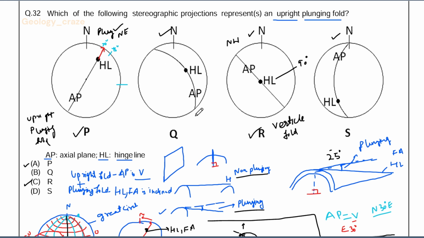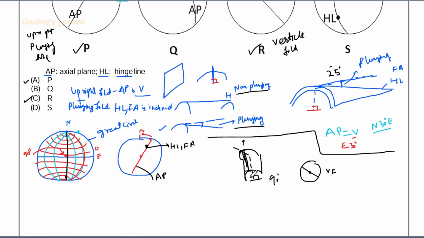Now it is inclined and our hinge line is the same case. So how to imagine this? This is vertical now.